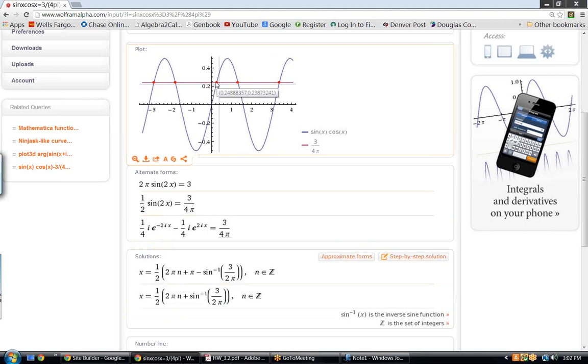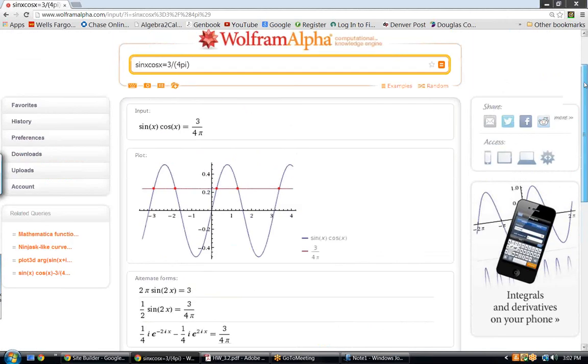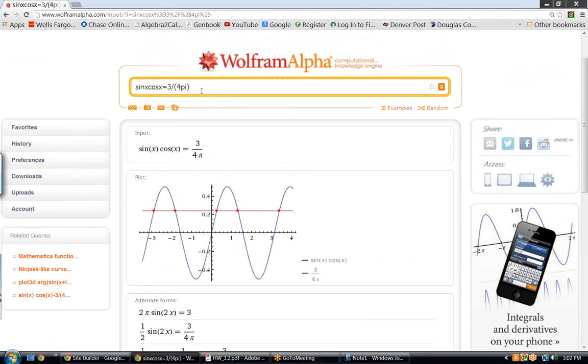You would get 0.2488. Yeah. I don't know of a real easy way to solve that algebraically. It's tough to solve trig functions when you have two different functions.